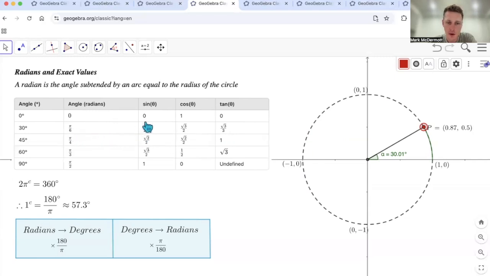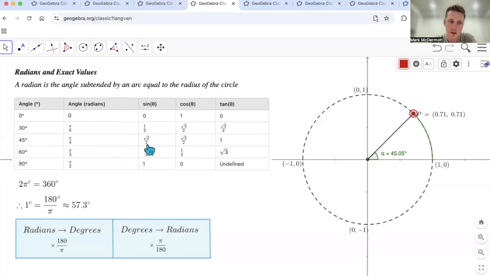You're probably wondering how we got these values. Either by a calculator or by setting up a triangle with relevant side lengths, you can get these values. But these are just the key ones we need to know. If we go to 45 degrees and convert from degrees to radians, we get pi on 4 radians.